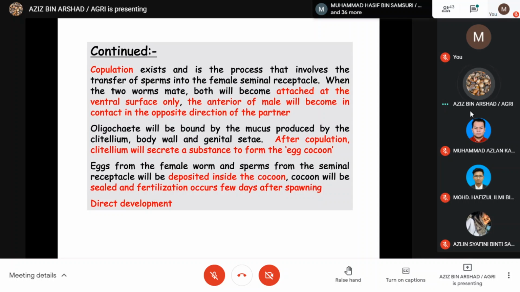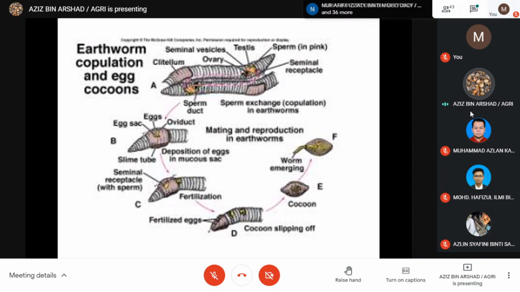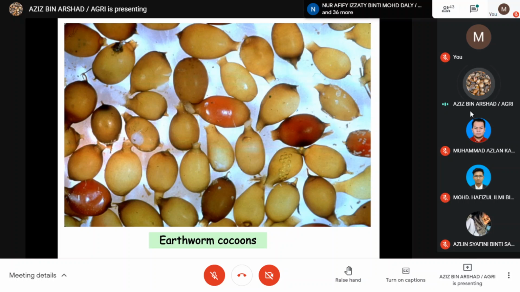So direct development, it comes out as a young earthworm. Not a good picture of the production of the egg cocoon. So this is the egg cocoon. You might not be aware of the earthworm cocoon because they are normally embedded in the soil or hidden under rubbish, and inside there is the egg.